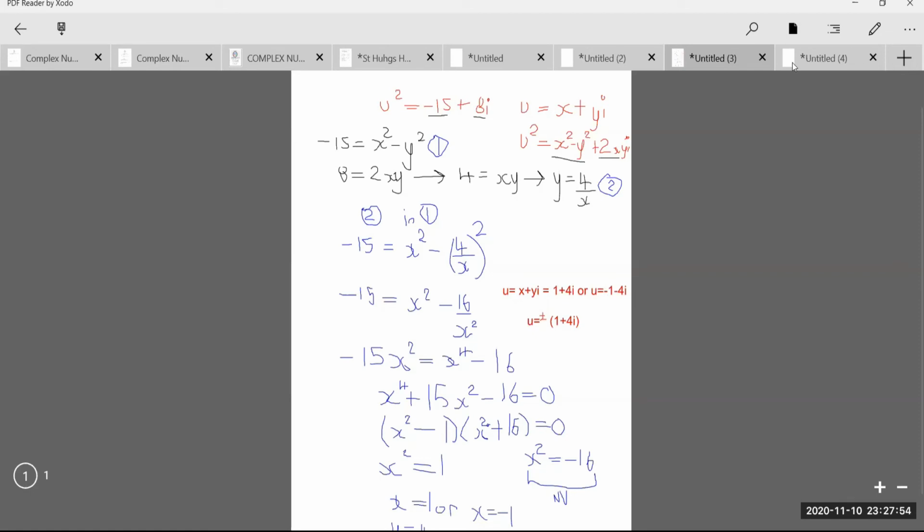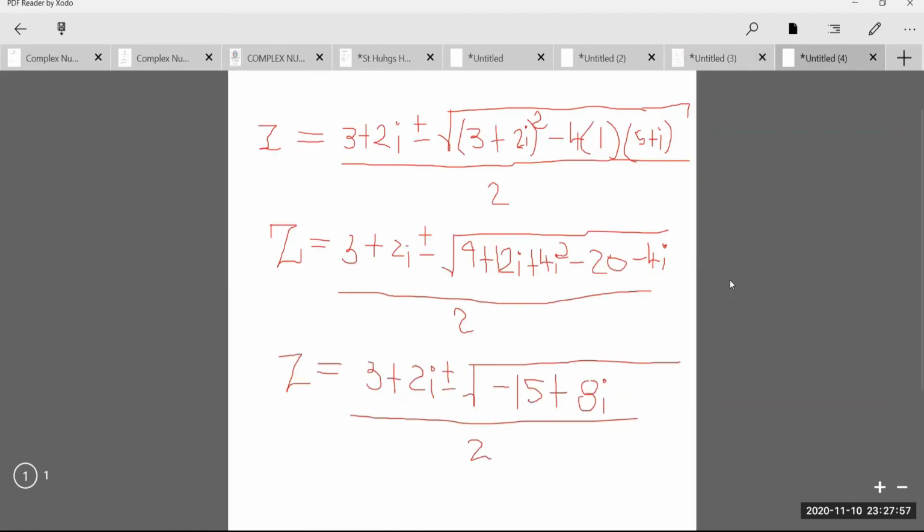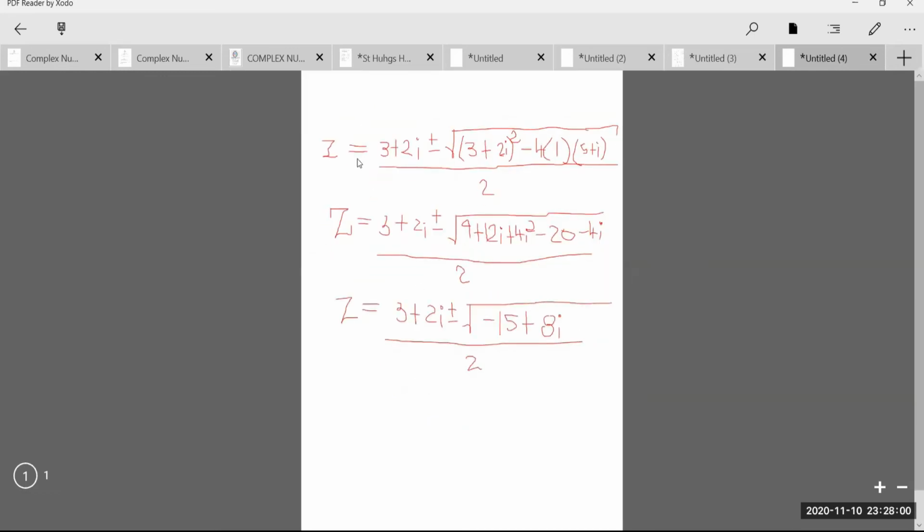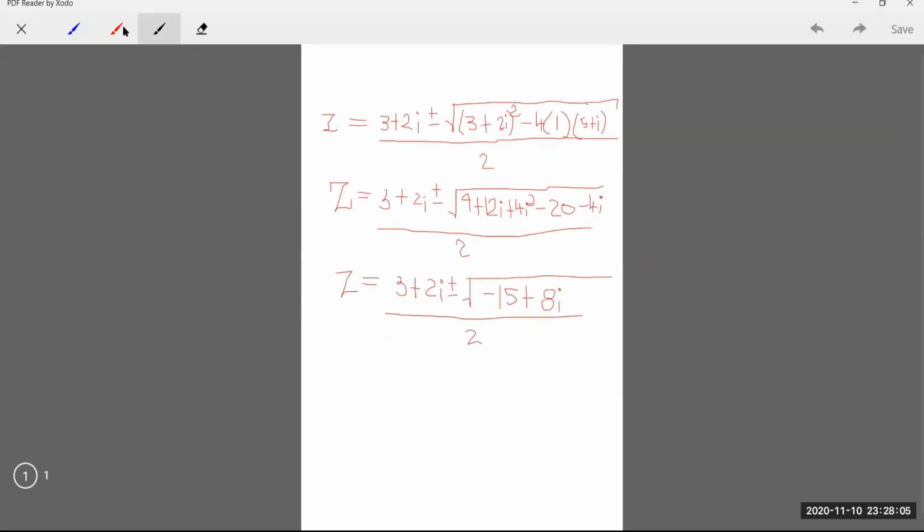Yes, nice. So we can just substitute. So this square root part, we're basically done. So we get the two values for z now. z is equal to 3 plus 2i plus, let's use when it was positive first, the square root, which was equal to 1 plus 4i. So this gives us one possibility, then all of that is divided by 2.